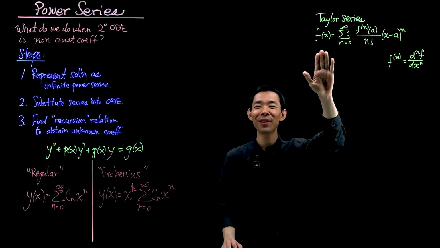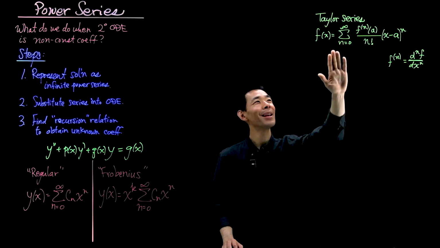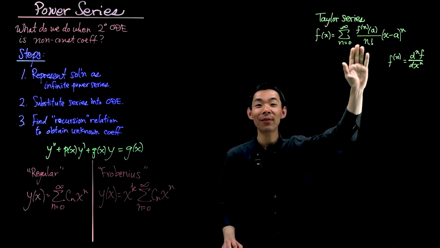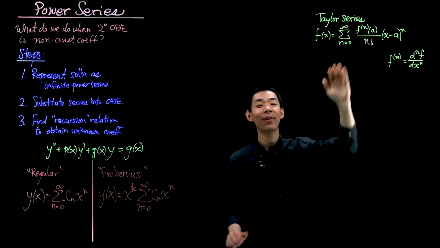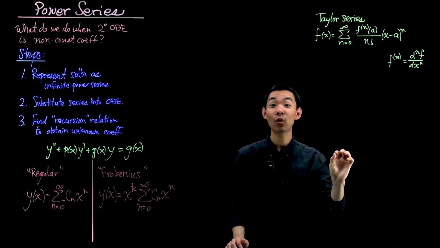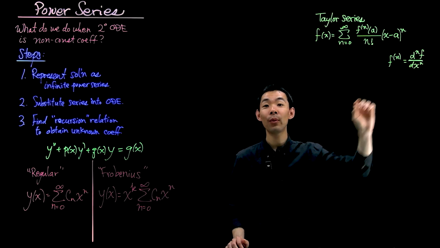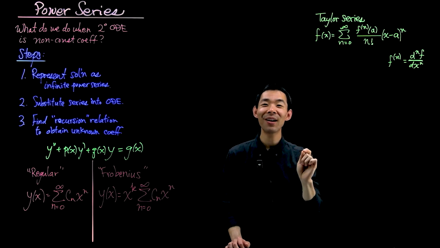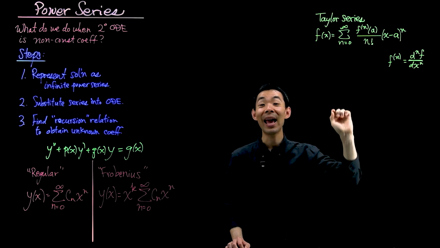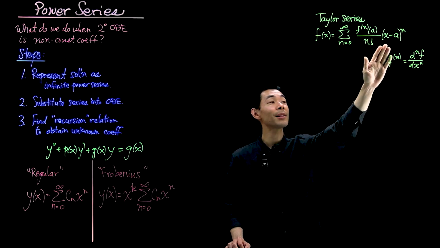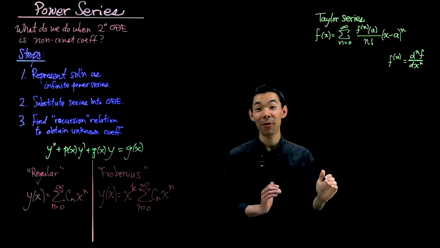We have some function you want to express that's equal to an infinite summation of the derivative of your function, f bracket n, which is simply the nth derivative of f with respect to x, evaluated at the point of expansion, in this case at a, divided by n factorial times x minus a to the nth power.